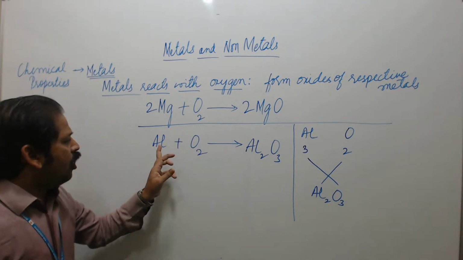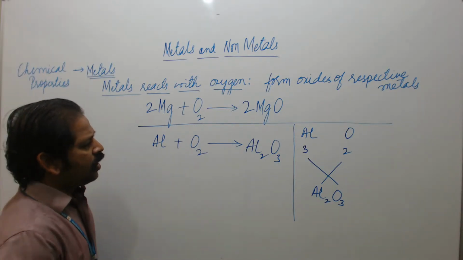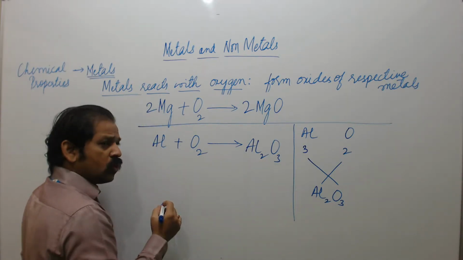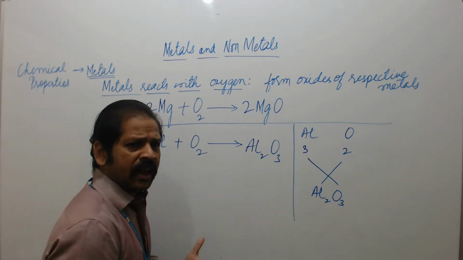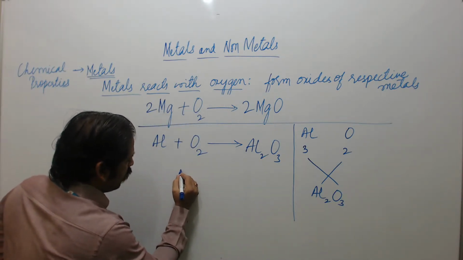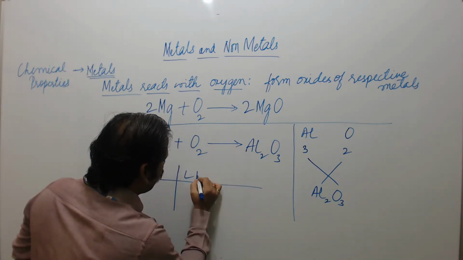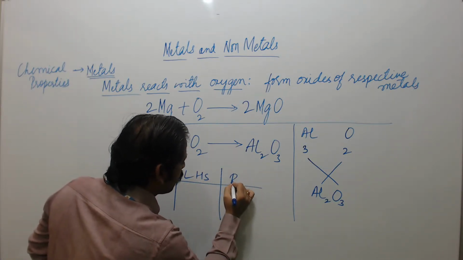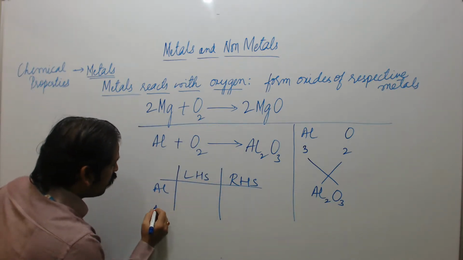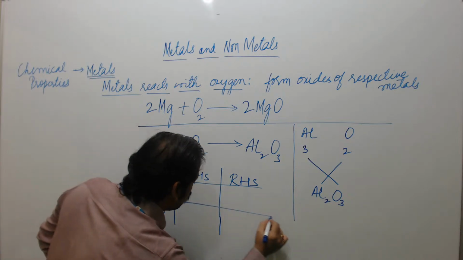Al2O3. Now what do we have to do? We have to balance it. On the right side oxygen is 3, on the left side oxygen is 2. So we'll make it as LHS and RHS, and you'll get the idea exactly. Two elements are there, aluminium and oxygen.